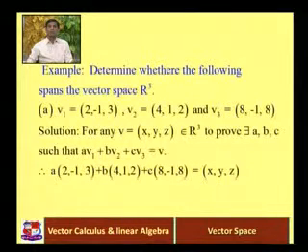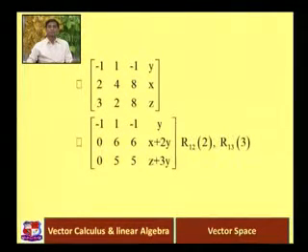So from these three equations we convert into a matrix. Okay, so here is the augmented matrix: -1 1 -1 y, 2 4 8 x, 3 2 8 z. So first we try to convert this matrix into row echelon form.